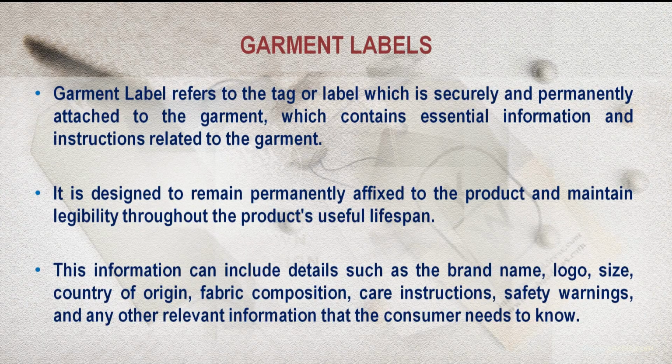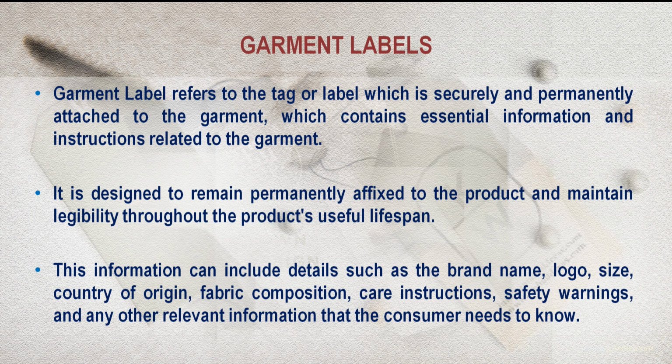When we talk especially about garment labels, they refer to the tag or label which is securely and permanently attached to the garment, containing essential information and instructions related to the garment. It is designed to remain affixed to the product and maintain legibility throughout the product's useful lifespan.